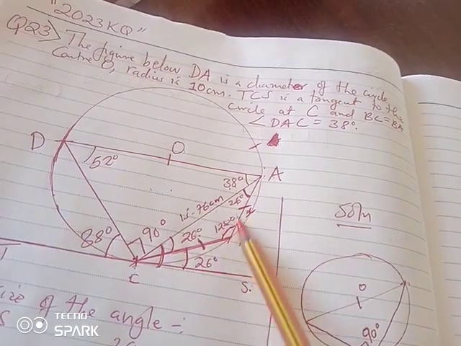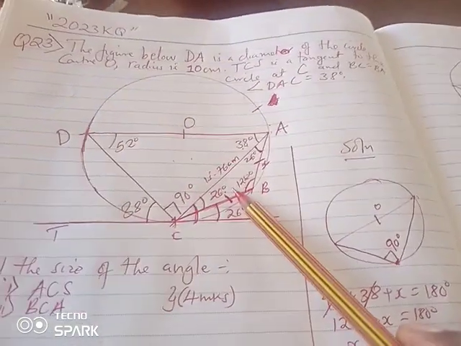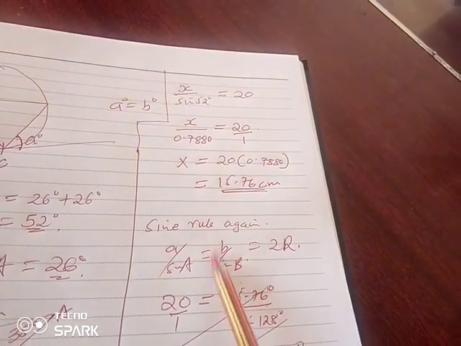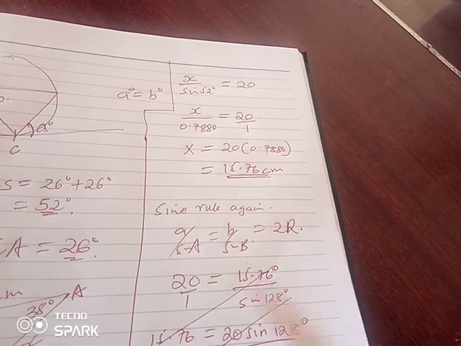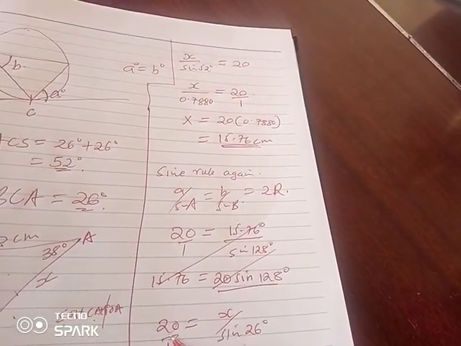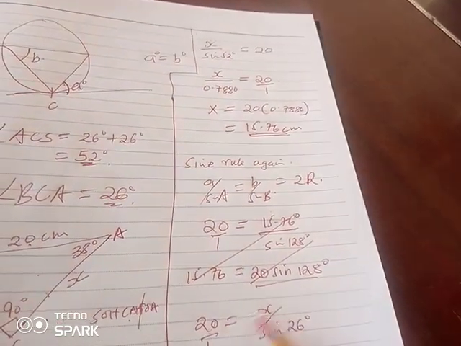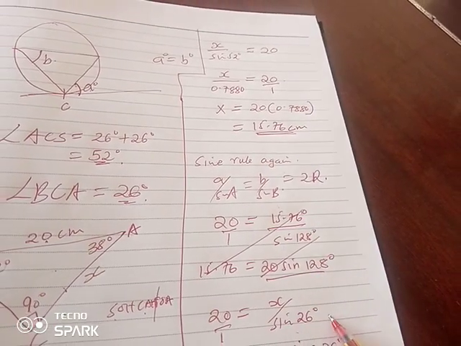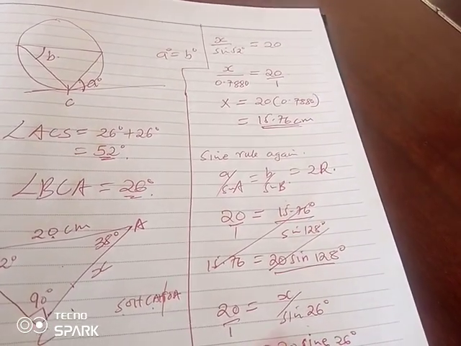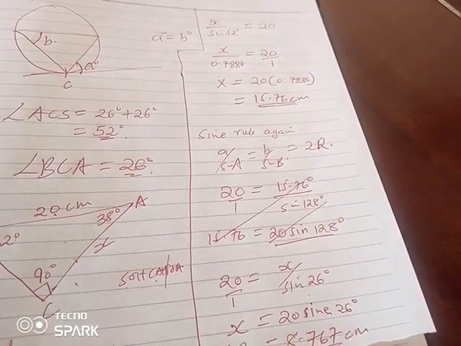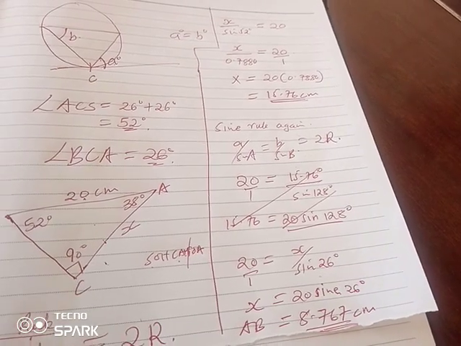So now that I decided to use the sine rule, the ratio is equal to 2r, which is 2 times the radius, which is 20, should be equal to the ratio, and the ratio here is our unknown side over the opposite angle. So we work it out, cross multiply, then x shall be 20 sine 26, which is 8.767 centimeters.